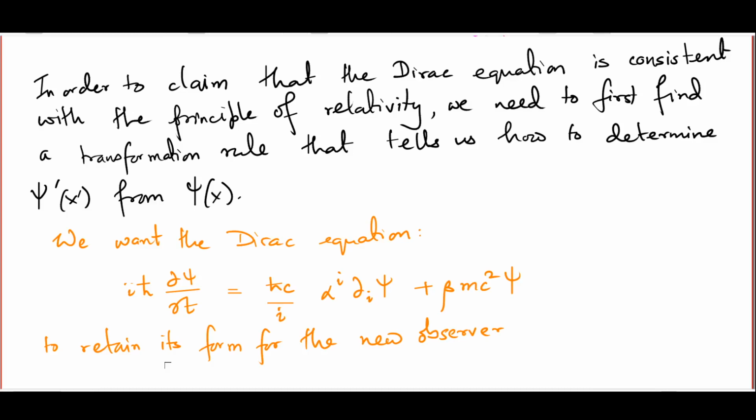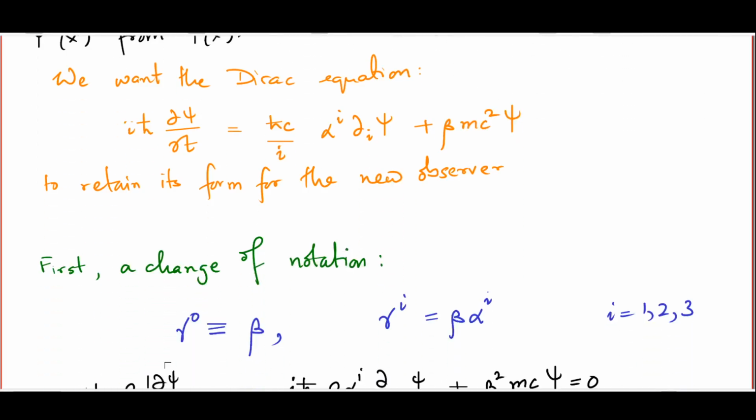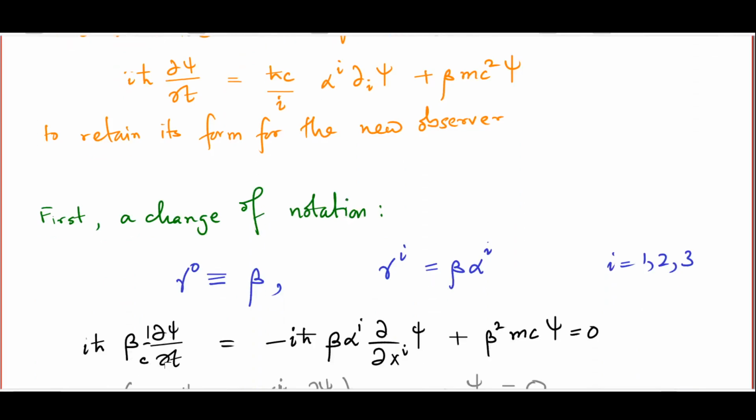Well, it's a very simple matter to move the matrix beta from the rest energy term to the time derivative term. Remember, beta is a matrix with the property that beta squared is identity. So if you multiply this equation from the left by beta, you are simply going to get the beta on the del t, and you are going to have no beta in the rest energy term.